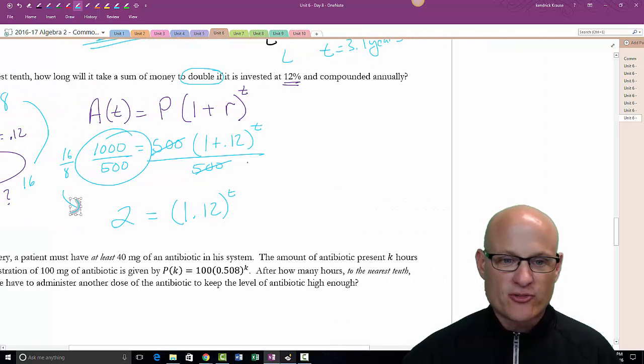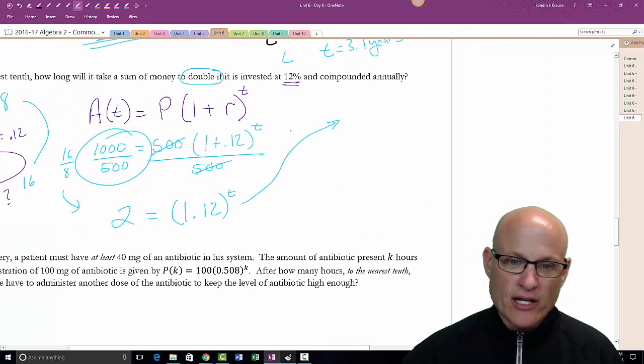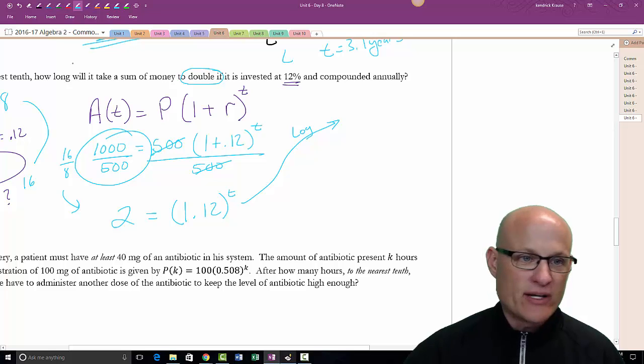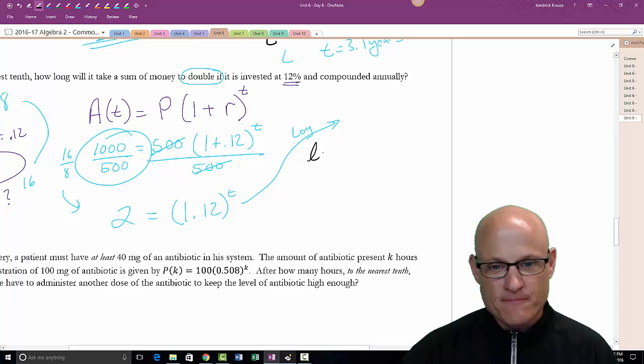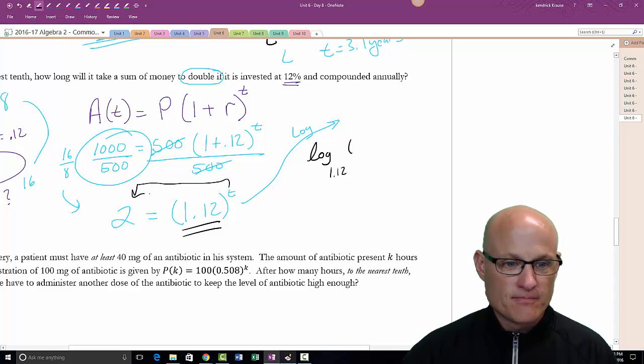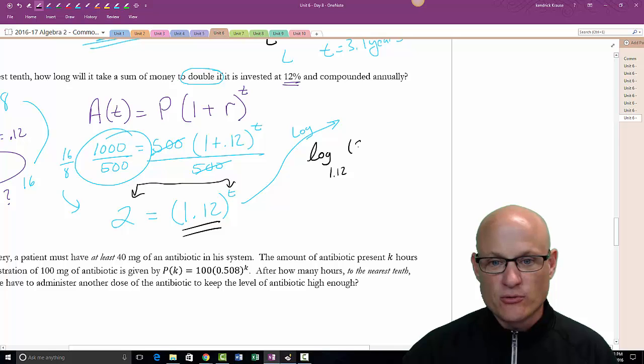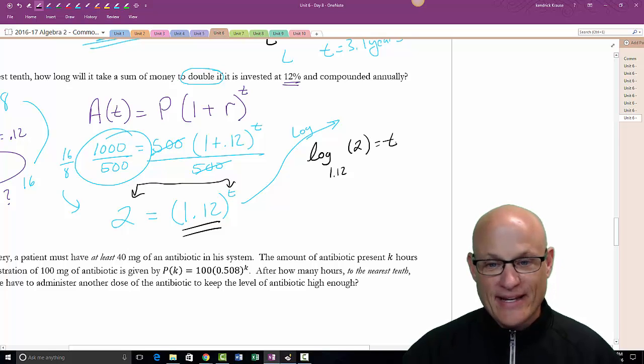It's an exponential function. You know, Megan tells you that it's all about that base, so we have to turn this into a logarithmic equation. So log, all about the base, 1.12 of 2, these two things switch, of 2 equals t. And that's it.